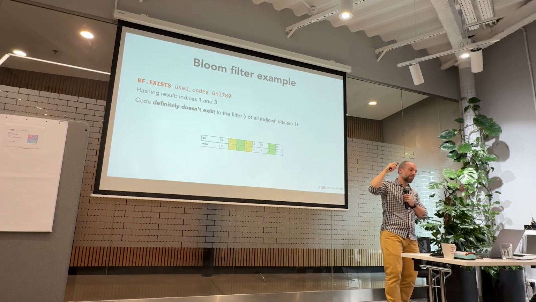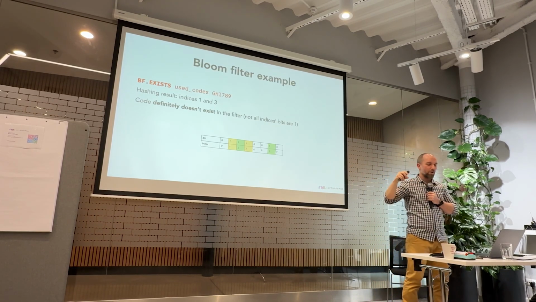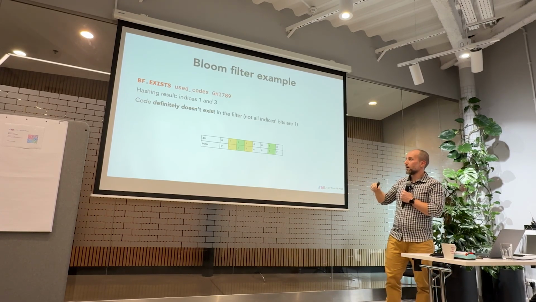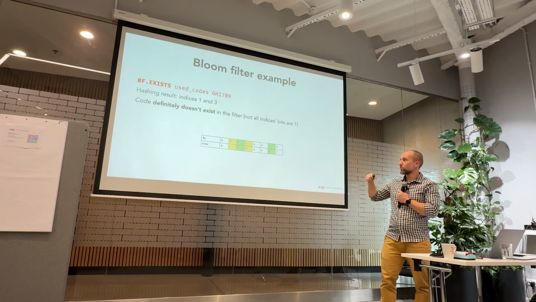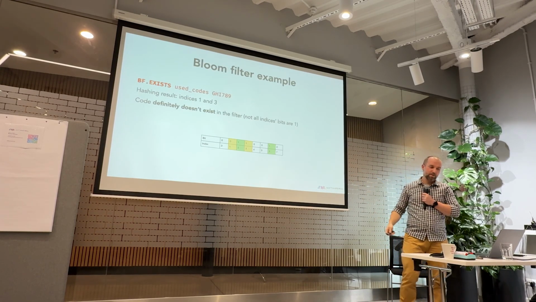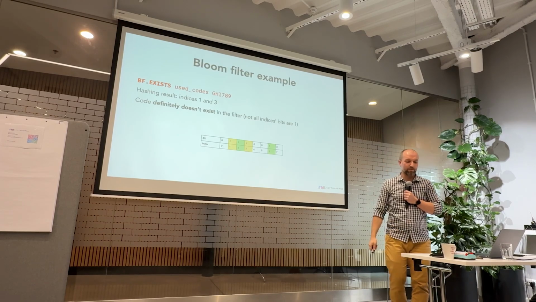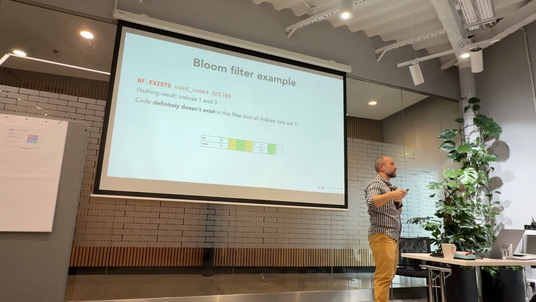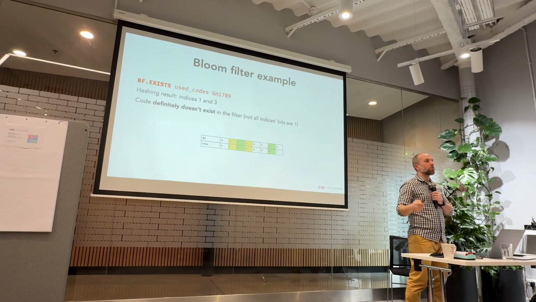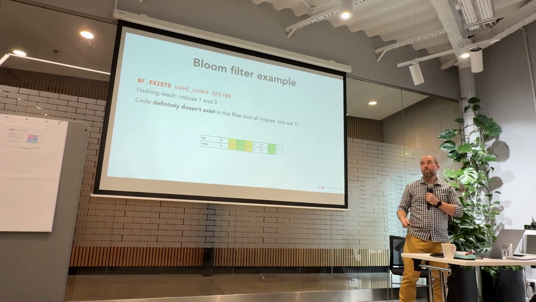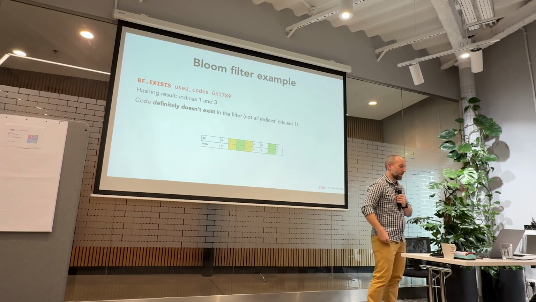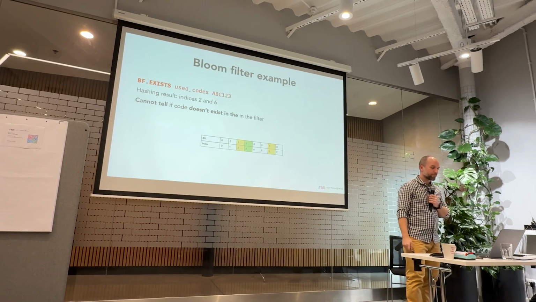And remember from the slides before, we set all indices, the number of hashing functions, to 1. So whenever at least one of them is 0, we are sure that the item is not in the filter itself. That's why the Bloom filter can tell you that the element is definitely not in the filter, but if it is in the filter, it cannot tell you that to be 100% sure.